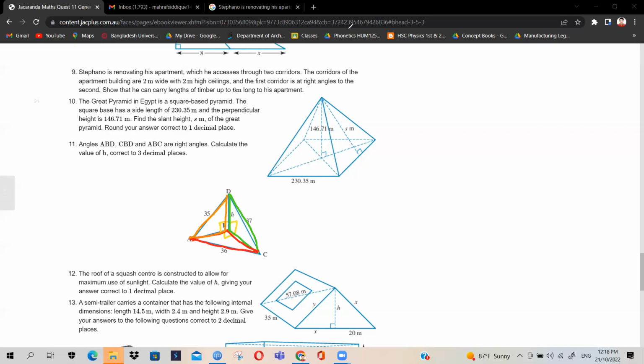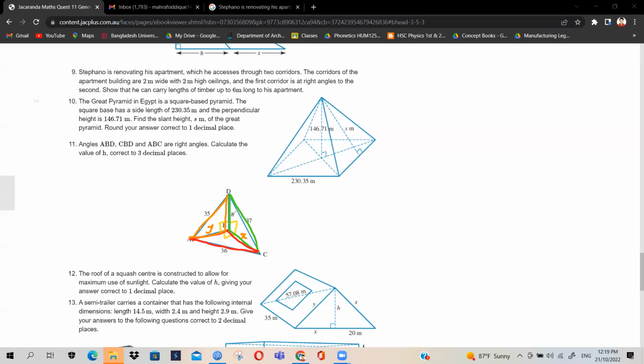Now, what can we consider the two sides other than h? Let us consider this to be x, and let us consider this to be y. This is just a simple equation solving strategy, nothing else.